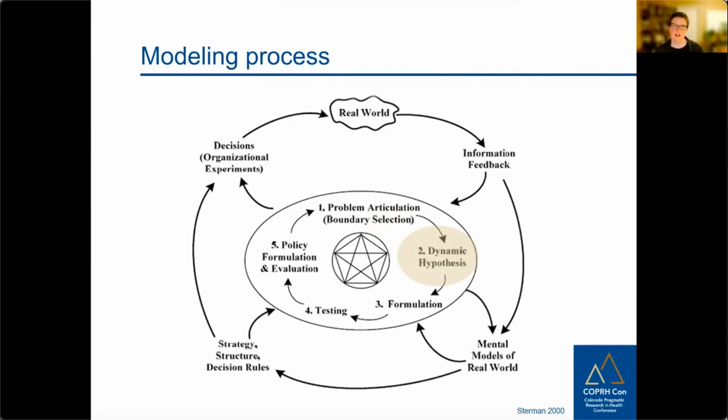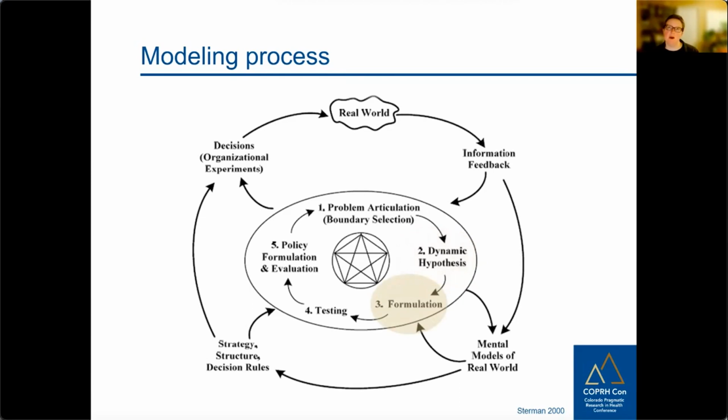So when done well, the dynamic hypothesis reflects the dynamic complexity of the real world situation being described. And like I just mentioned, dynamic complexity involves an understanding of the world as highly interconnected, constantly changing, constantly churning. And the dynamic hypothesis should describe the set of causal structures the team believes to be most important to producing the outcomes that we see.